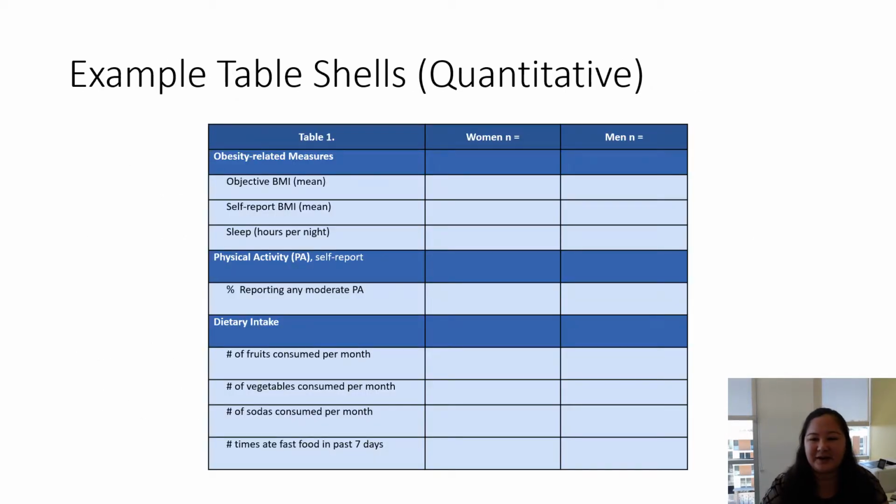Okay, so for quantitative, this is actually one of my old tables from another study. So I was looking at obesity, physical activity, dietary intake, and if I was just starting out and I knew that I wanted to stratify by men and women, for example, and I knew what my variables were, this might be an example table shell.